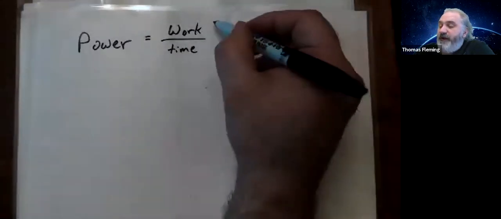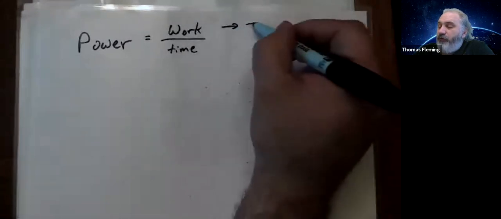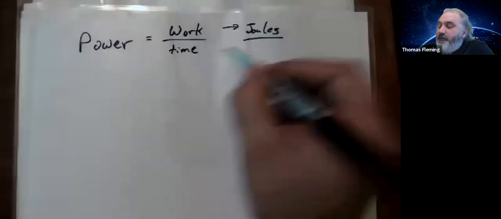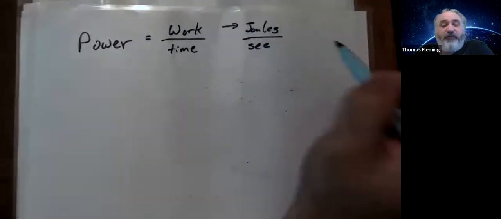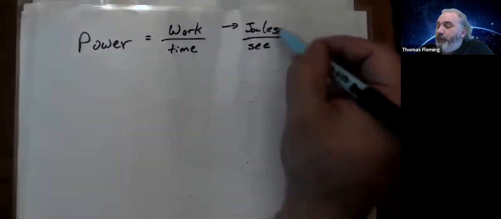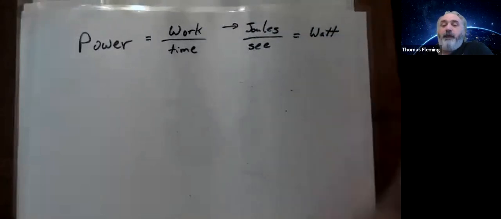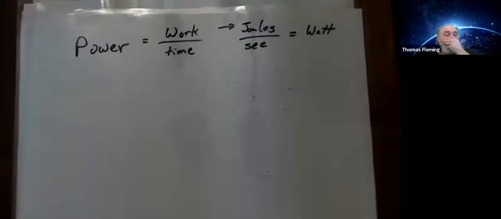Now, work had units of joules, and time, of course, is measured in seconds. And so a joule per second has a name. It's a watt. So if I have a 100-watt light bulb, that means that I'm transferring to that light bulb 100 joules of energy every second. That's what it tells me.